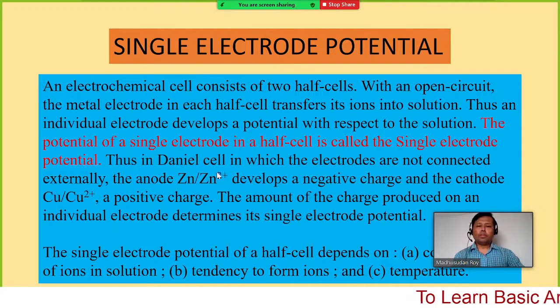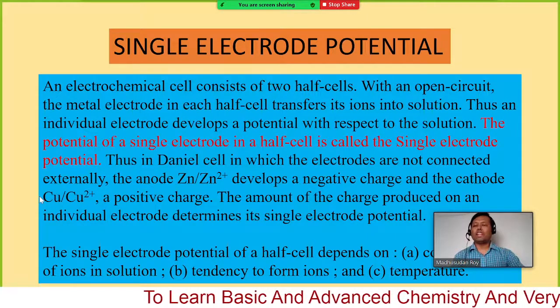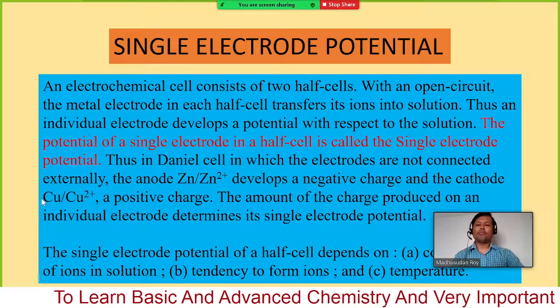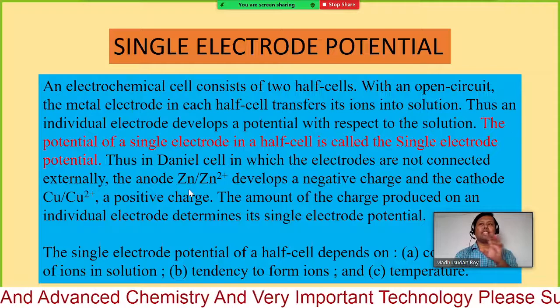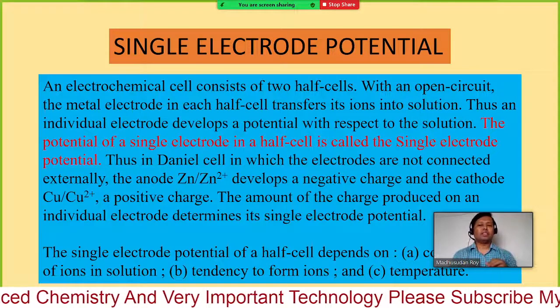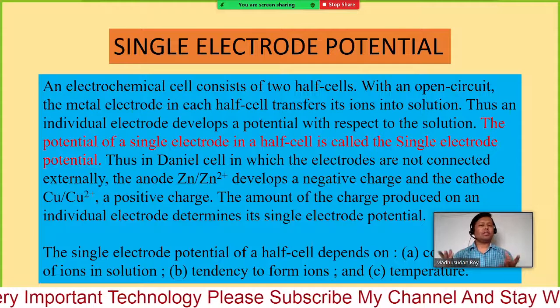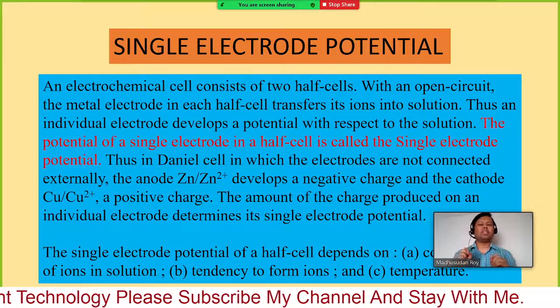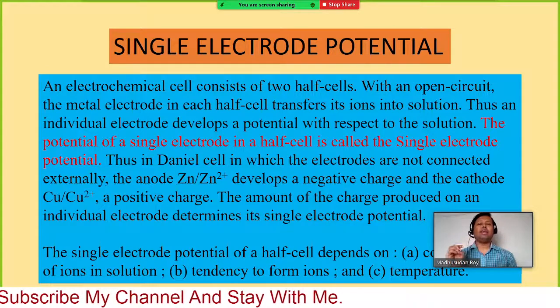So you may wonder why I didn't put this copper 2 plus on the left side. Actually, when there is no connection between the two half cells, both of them work in a similar way.